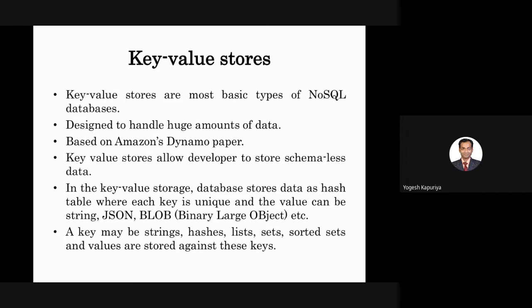So what are the advantages? It allows the developer to store schema-less, because what is the schema? Schema is very simple. There is a key and there is a value. The key can be any unique number which you can design, and value can be anything. It doesn't require any schema at the beginning. What about the storage perspective? It stores the data as a hash table.